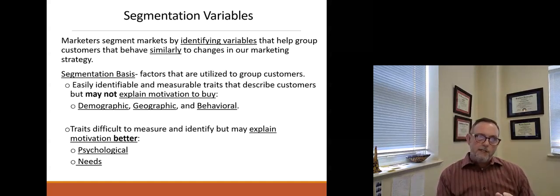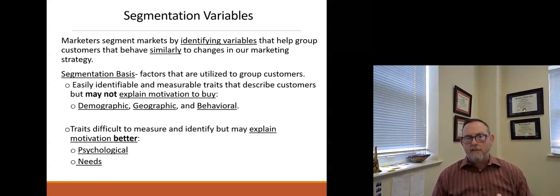Other defining variables exist that we could use as segmentation bases, which deal with psychological factors and need-based factors. And these are far better bases to use when you want to predict behavior. So that's an important takeaway here.